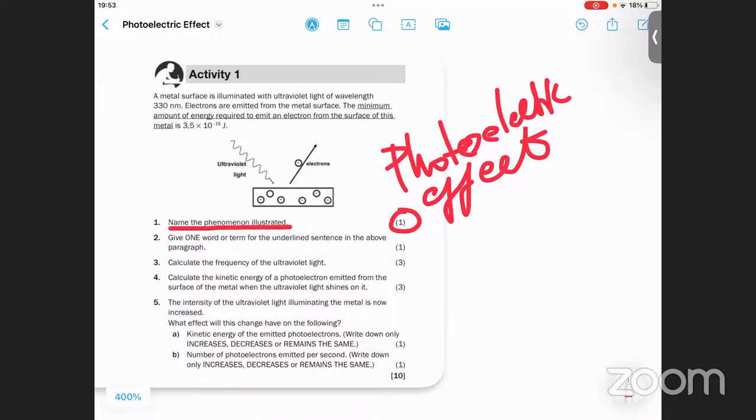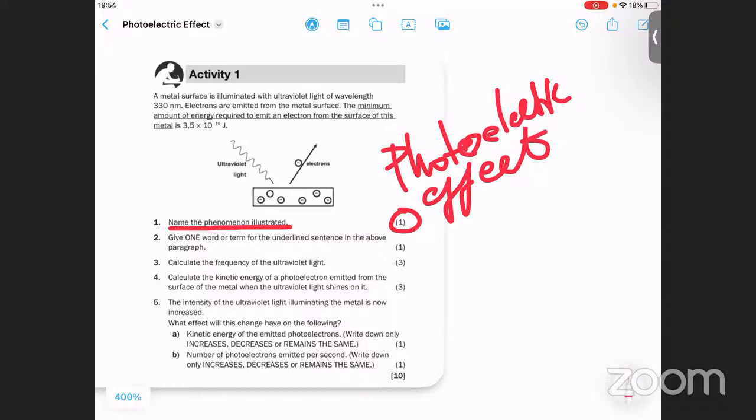Sometimes they might not straight away say name the phenomenon illustrated there, but you might find the word phenomenon being there, or something that has to do with whatever is illustrated or depicted there. In most cases it is given 1 mark. Just know it is you just stating that this is actually photoelectric effect.